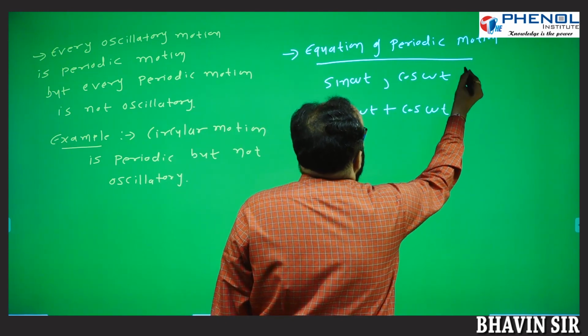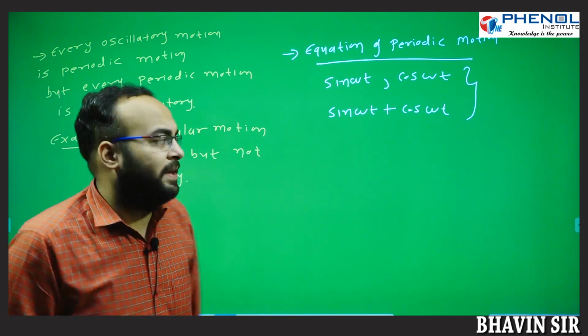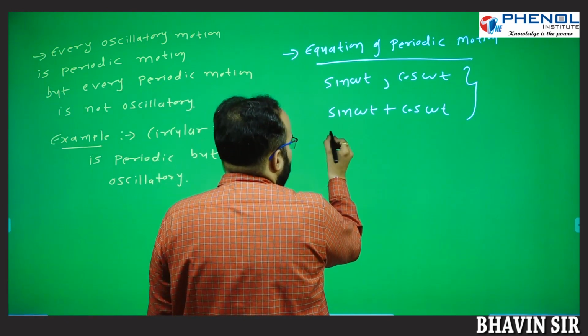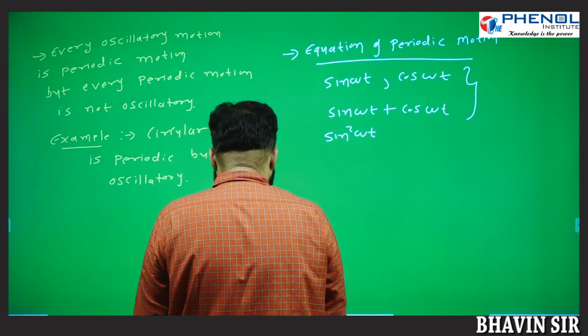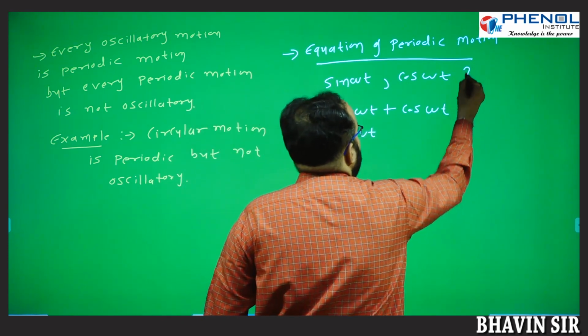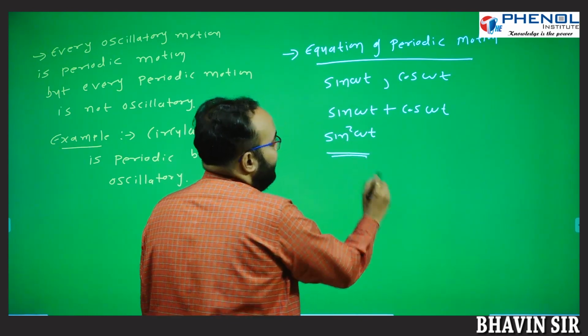So all these types of equations, sine 2 omega t, sine square omega t, are periodic.